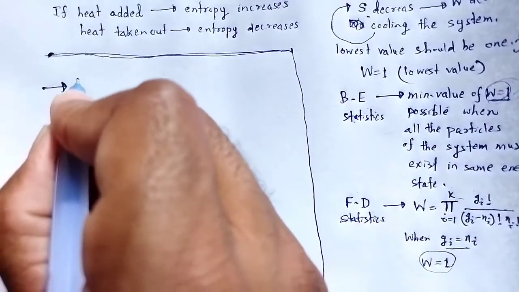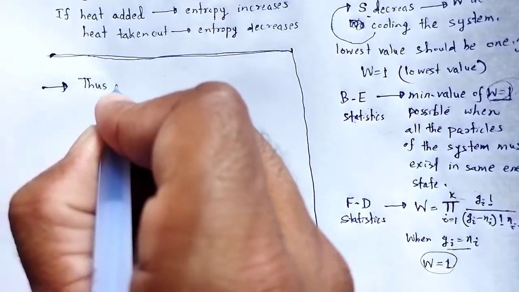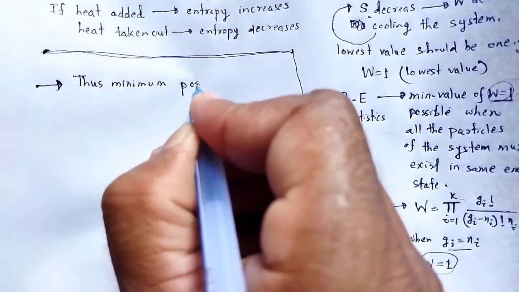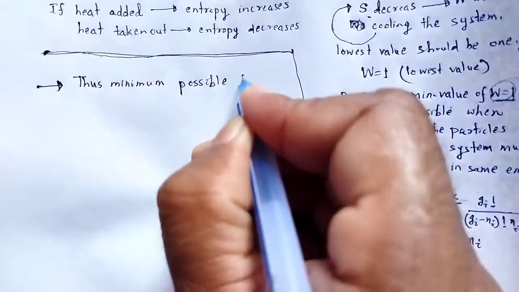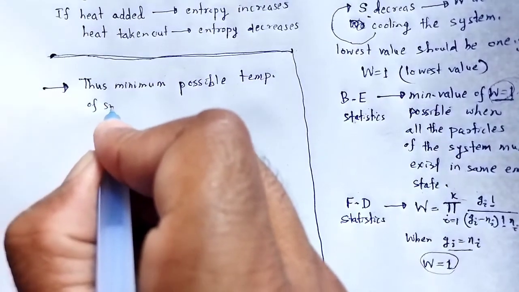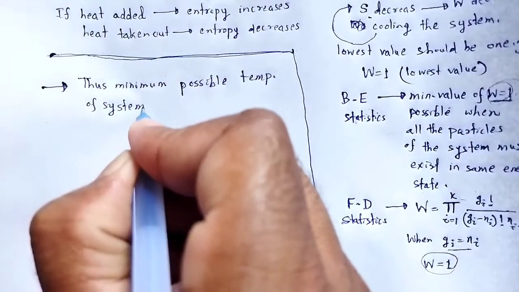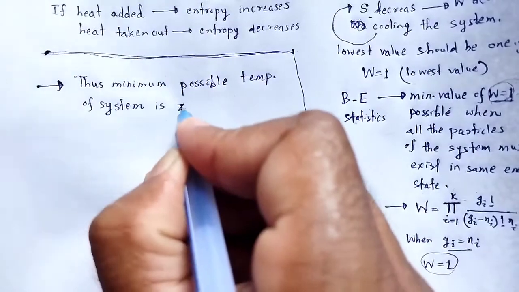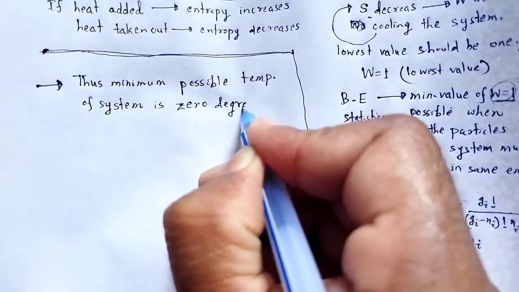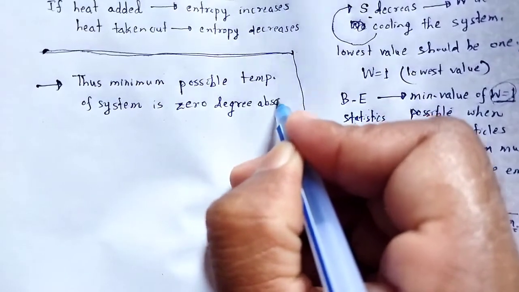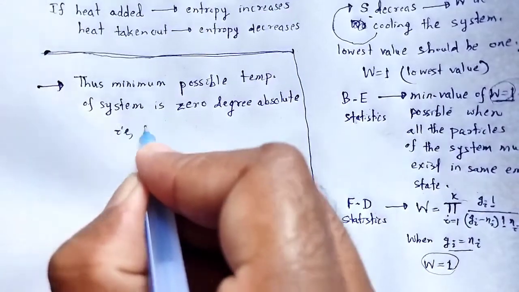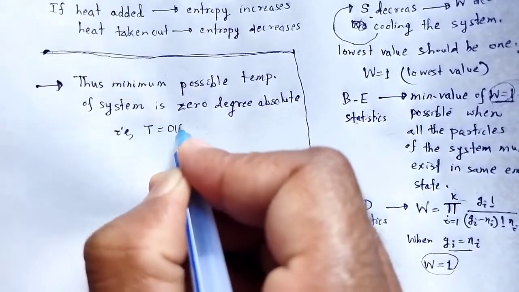Thus, the minimum possible temperature of the system is 0 degree absolute, that is T is equal to 0 Kelvin.